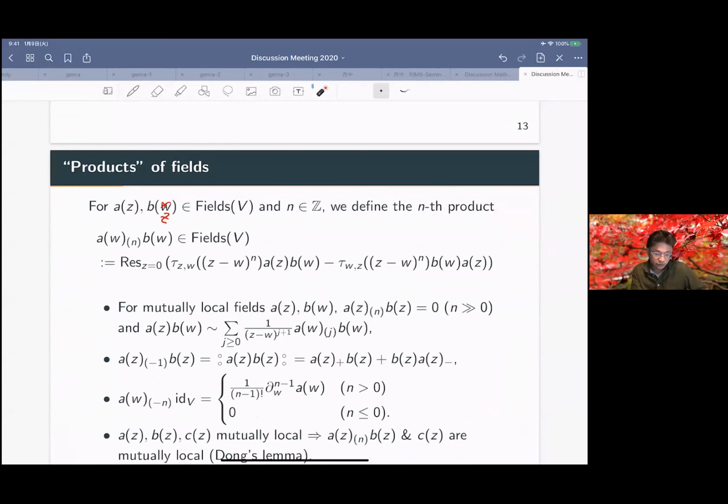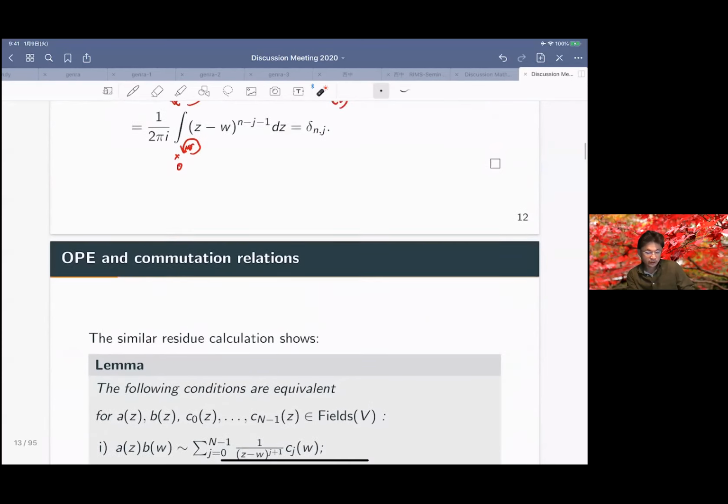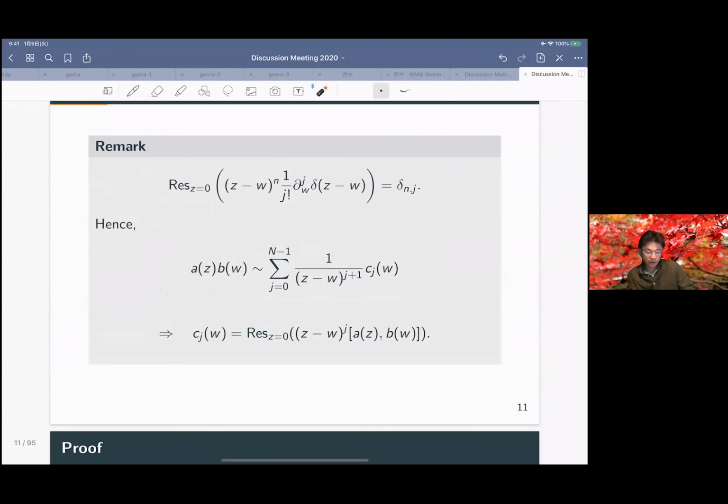You look at the coefficient of this slightly complicated formal series of g inverse. This already appeared when n is non-negative, because then you don't have to expand. So this is just the formula that appeared here.